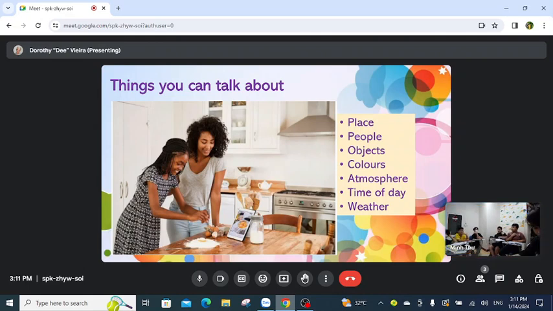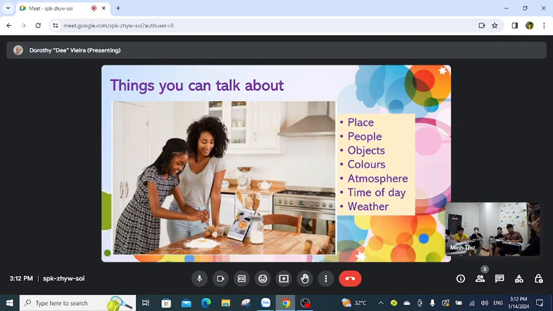Okay. So to the left of the cooker, there is a white cupboard on the wall. Under the cupboard, there is a white teapot, a scale, and something else, but I cannot see it clearly.